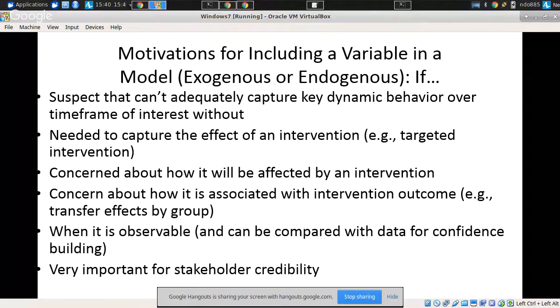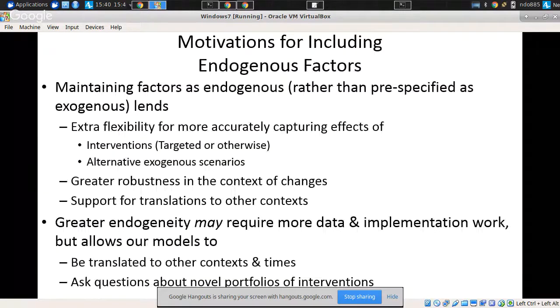Why would you have it be endogenous? Well, endogenous factors allow for extra flexibility in capturing effects of interventions. Sometimes we need to capture outcomes, and for those outcomes to be captured, we need certain factors that the model is producing, so that it generates the outcomes we're interested in.